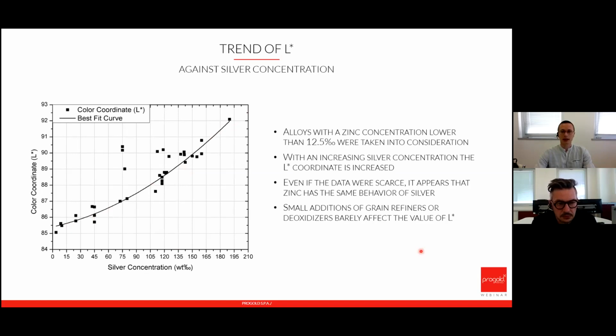So it means that the alloy will be brighter, more shining. And this is probably due to the fact that silver has a high reflectivity, and so it increased the overall L coordinate of the alloy. During the investigation, we understood that zinc also has almost the same effect as silver on the L coordinate.